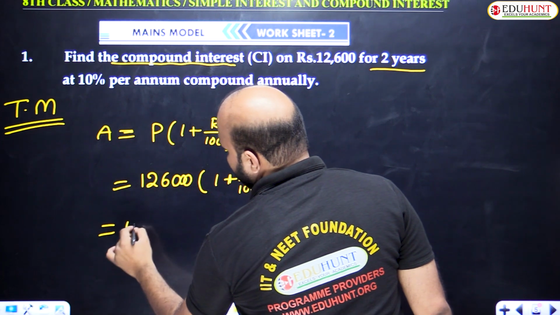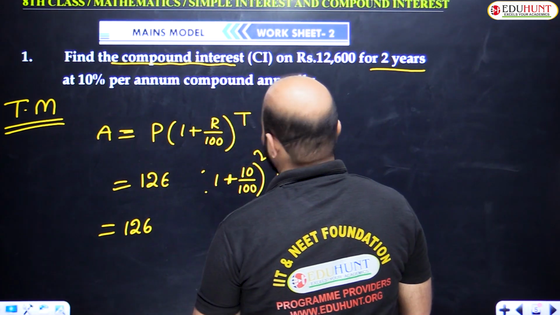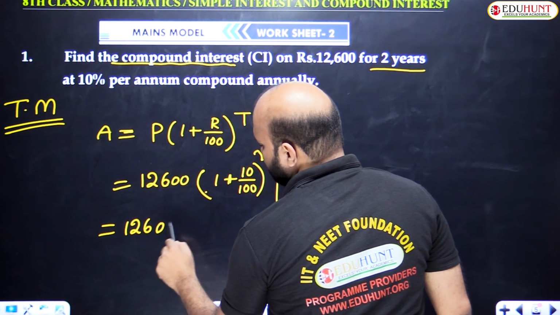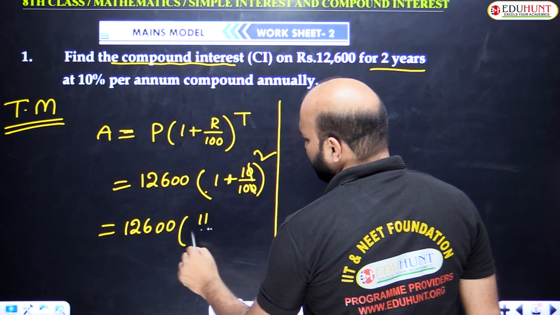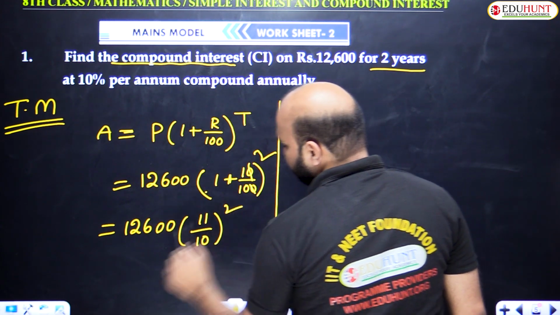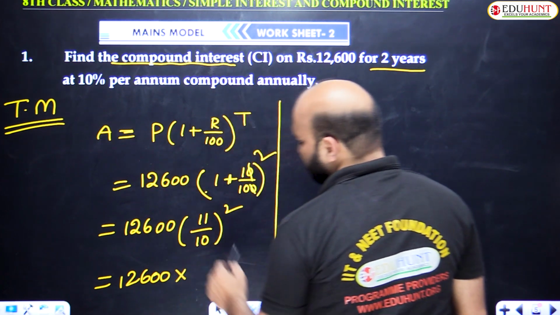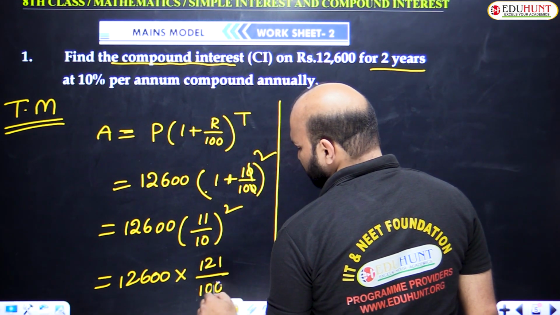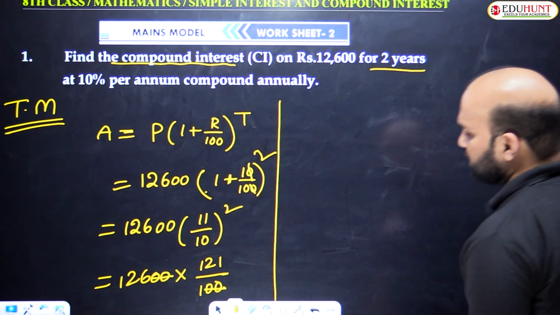So 12,600 into, 0 0 cancel, 1 plus 1 by 10 can be written as 11 by 10 whole square. So 12,600 into 11 square, 11 square is 121, 10 square is 100, 2 0 2 0 cancel. So 126 into 121.